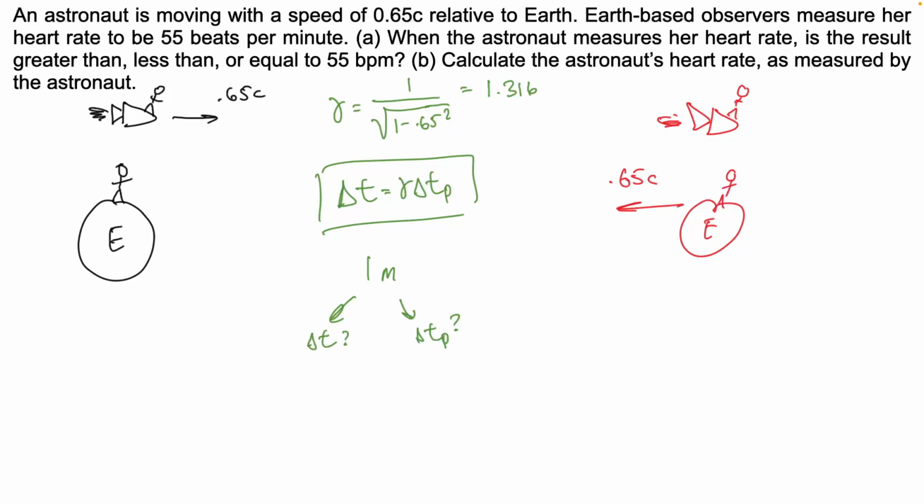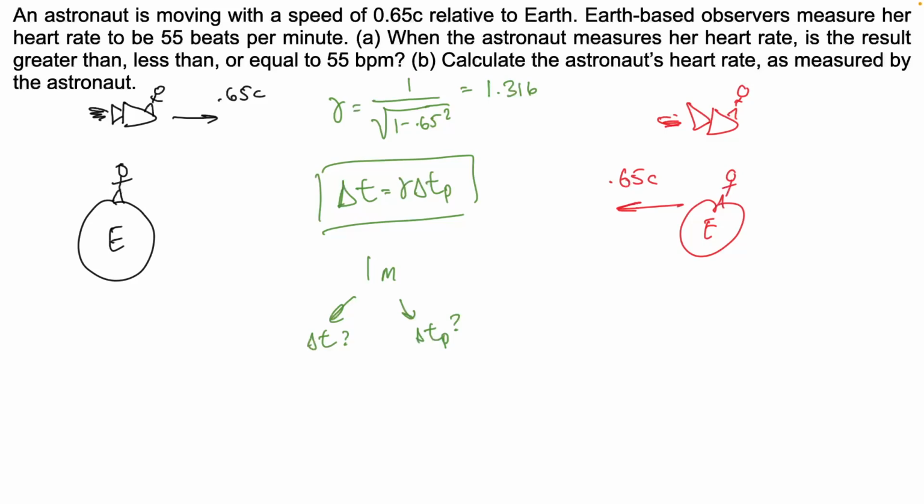Do not fall into the trap of thinking about where the stopwatch is. The stopwatch is being held in the hand of the person on earth, right? But what events are they using to start and stop their stopwatch? What are they looking at? A heartbeat. 55 of them, right?